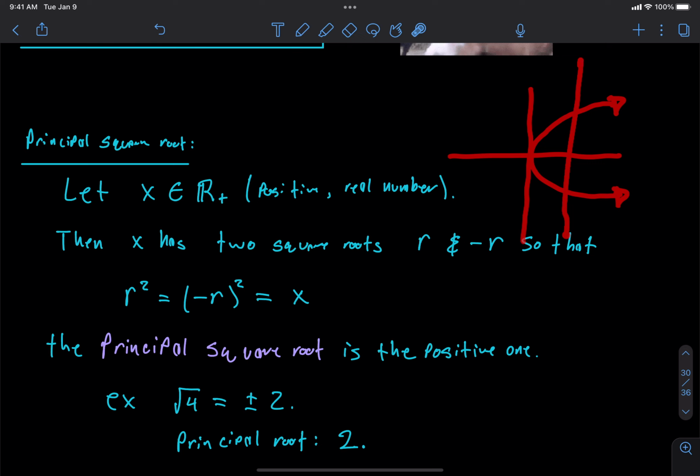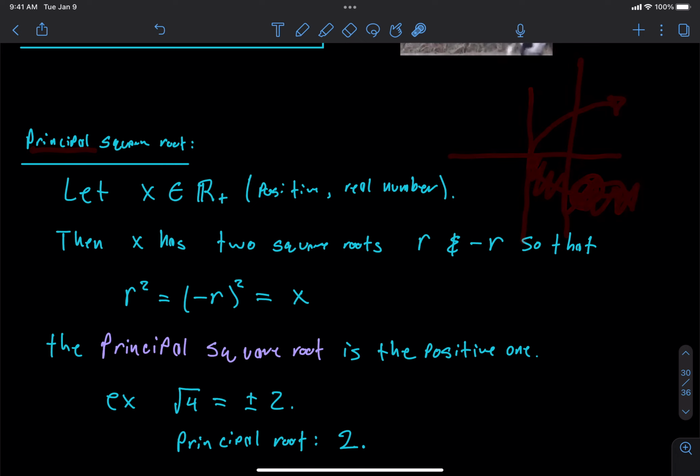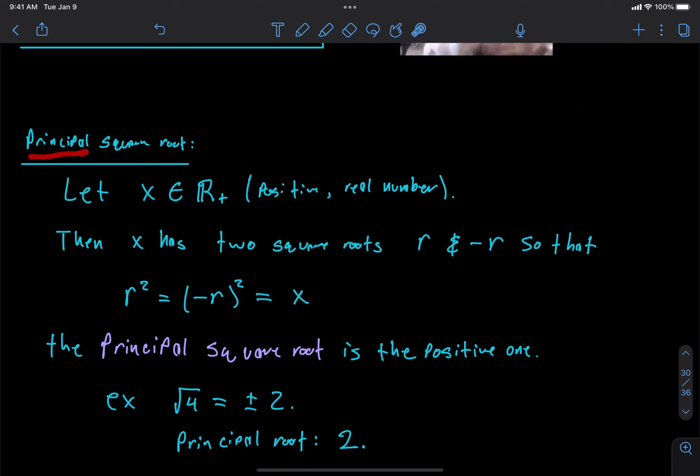So if we want this relation to be turned into a function, what we're going to do is essentially delete the negative part. So when I talk about the principal square root, I'm only talking about the positive one, because of course there's also a negative square root for any real number.